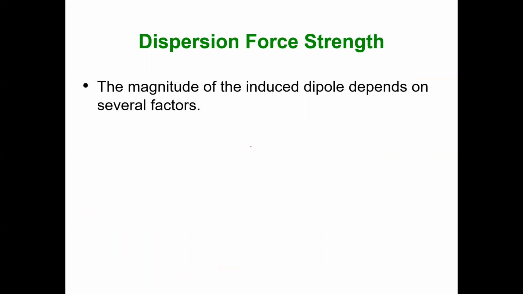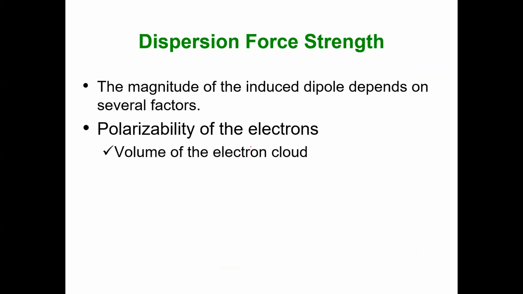So the dispersion force strength is actually influenced by two factors. One, the polarizability of the electrons. So what does that mean? Polarizability is the ability for the electrons to move. So the larger the volume of an atom, as I have more protons in the nucleus, I end up getting more electrons.